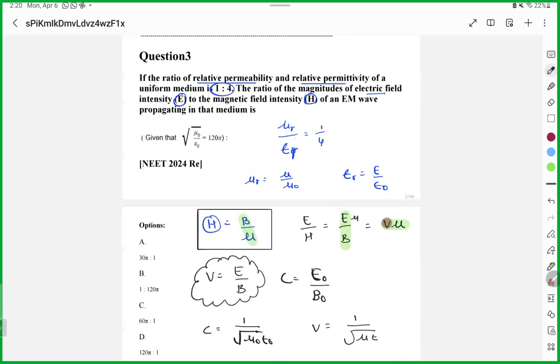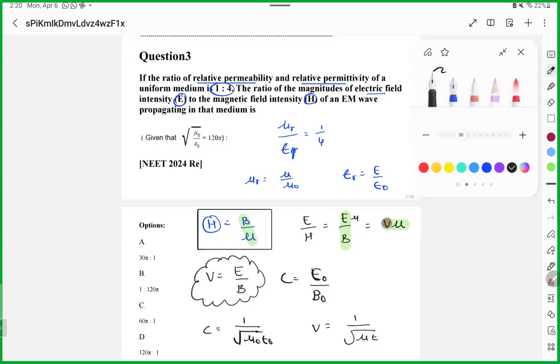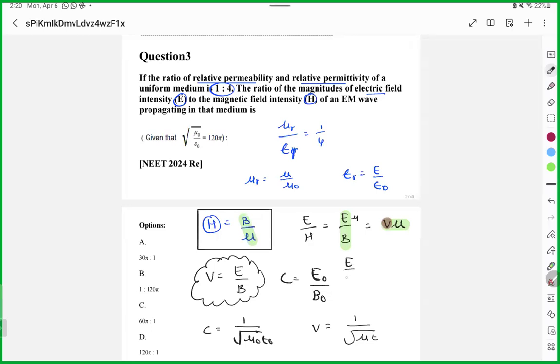Now come again here. So your E by H value will be equal to 1 nu epsilon. Correct. All of you understood this, or should I explain this again?